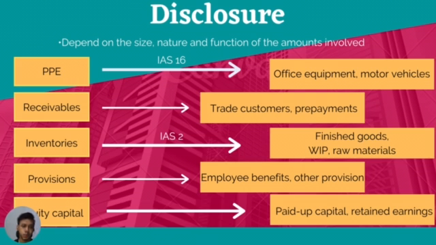For receivables, we need to classify them as trade customers and prepayments. Under inventory, we classify them as finished goods, work in progress, and raw materials. Under IAS 2 provisions, we classify them as employee benefits and other provisions. For equity capital, we classify them as paid-up capital and retained earnings. That's all for me. Thank you.